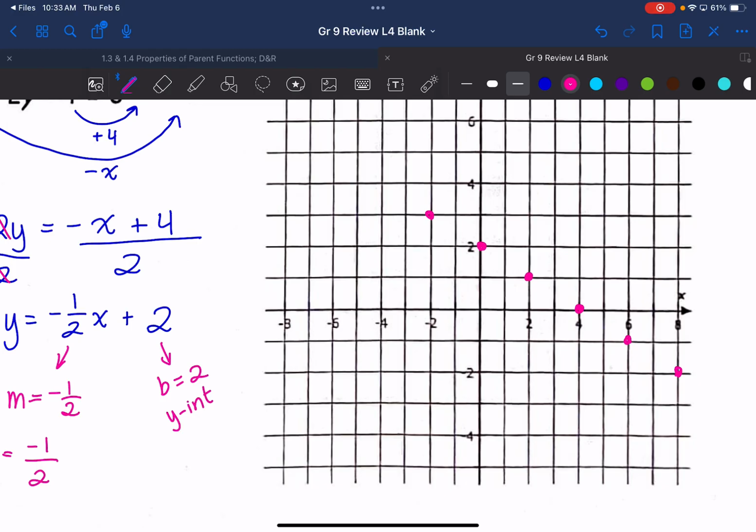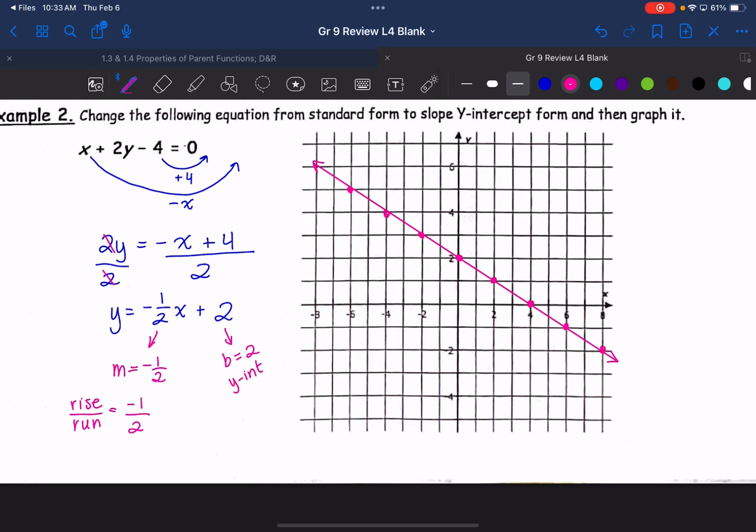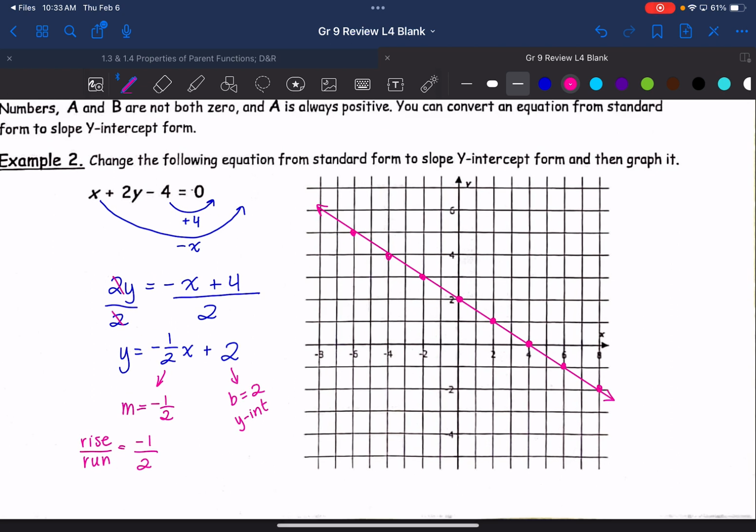And you'll see you can extend the line this way. So this is gonna be our line, which try your best to make it straight. You got the direction? Yeah. Cool. And that's it.